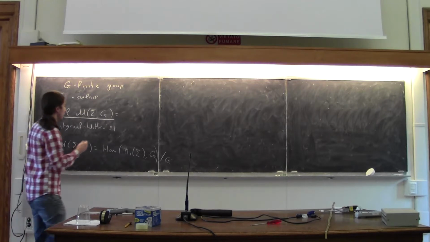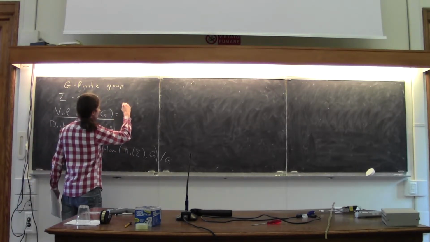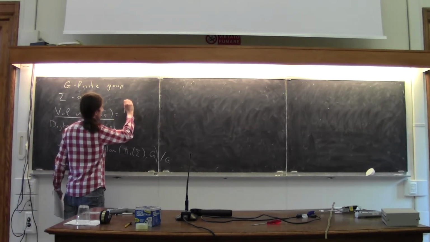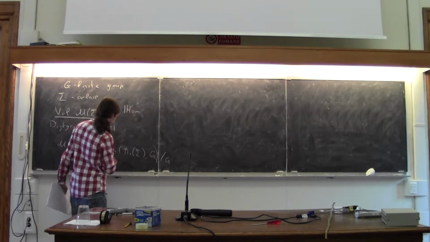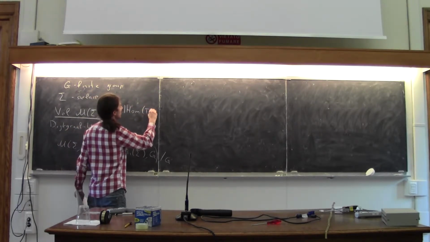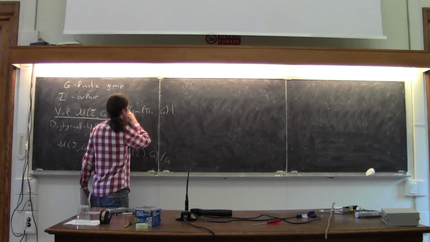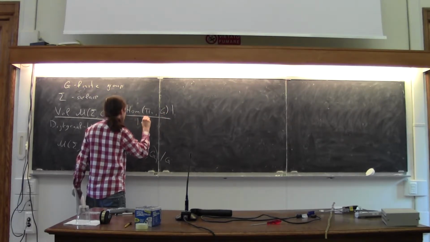And I want this number to be just the number of homomorphisms divided by the order of the group.